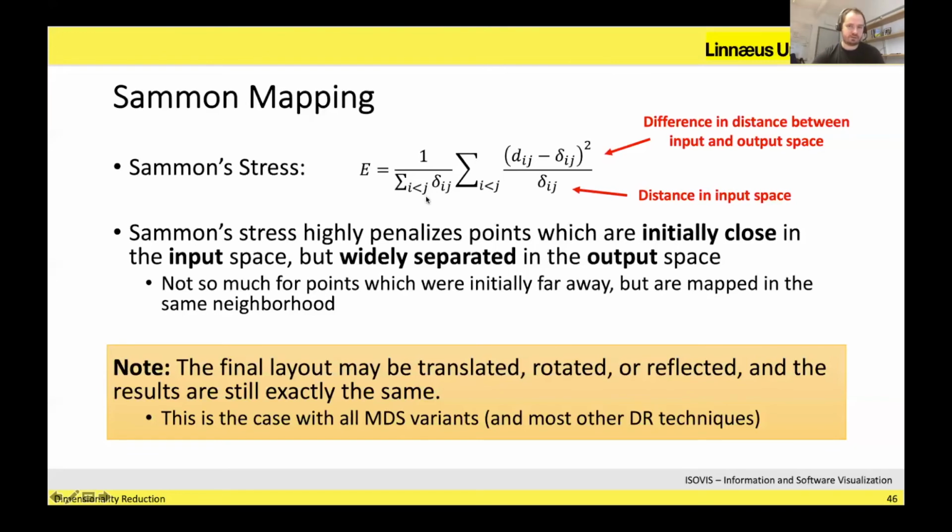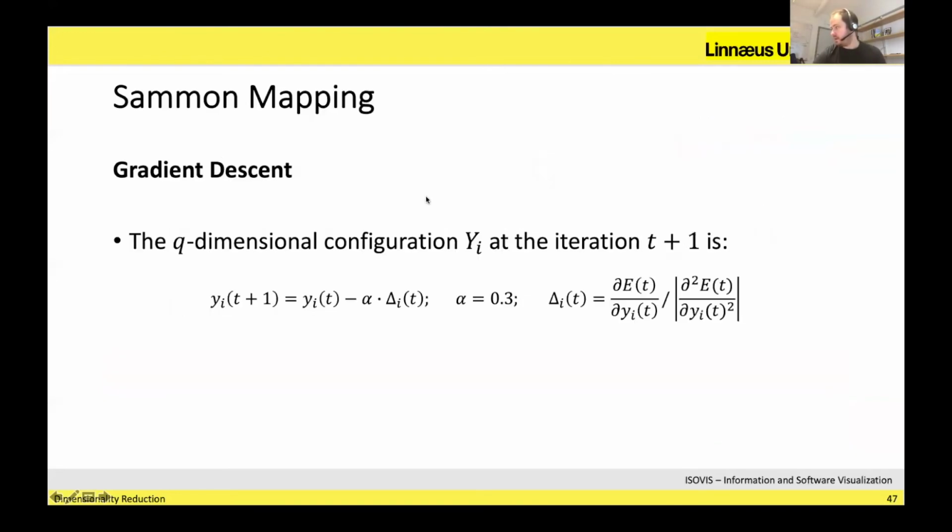But that's a constant. And then the gradient descent basically is like this. Again, as I said before, you start with a random thing. So for example, if it's 2D that you want to have, then you just start with a random 2D thing. So if you have 1,000 data points, you start with 1,000 random 2D points in a plane or something.